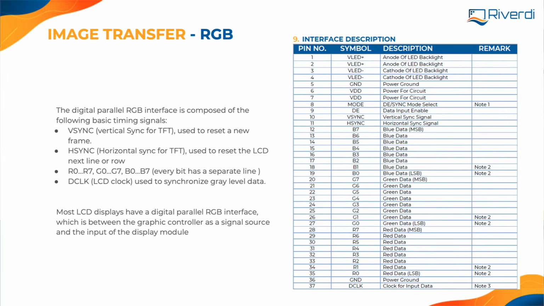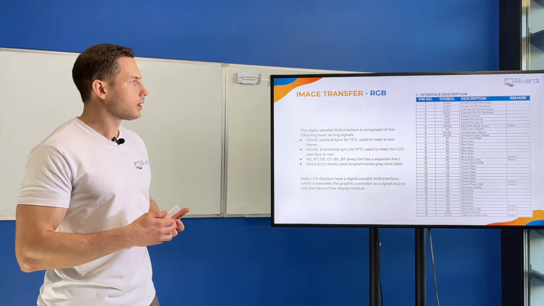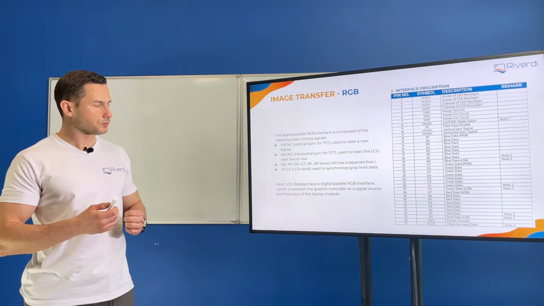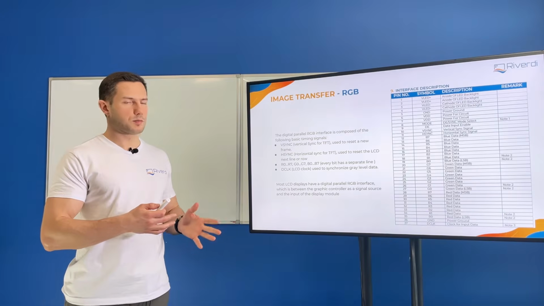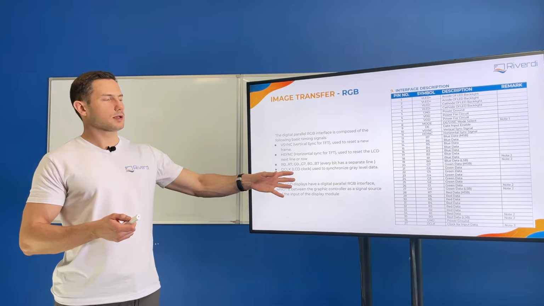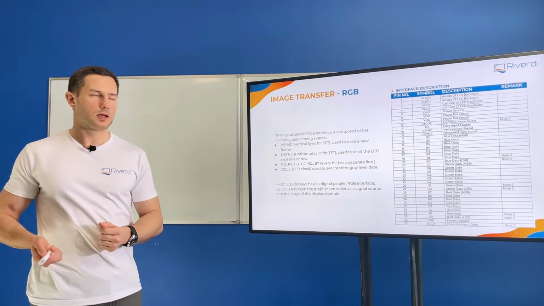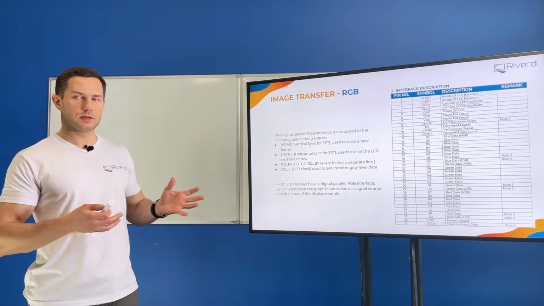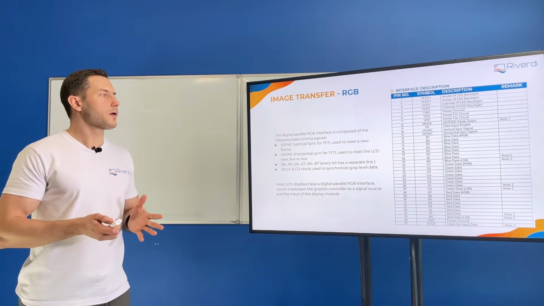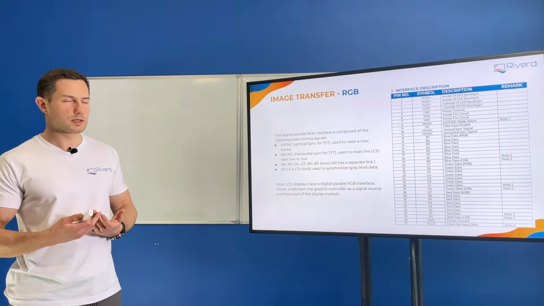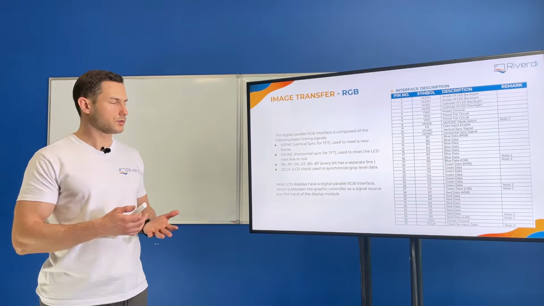And this interface is not differential, so an RGB display is easier to disturb with noises than LVDS, and also you cannot go too high with the speed in this interface. So LVDS is a serial interface, RGB is a parallel interface, but it's not differential. The biggest difference is that it's not differential.